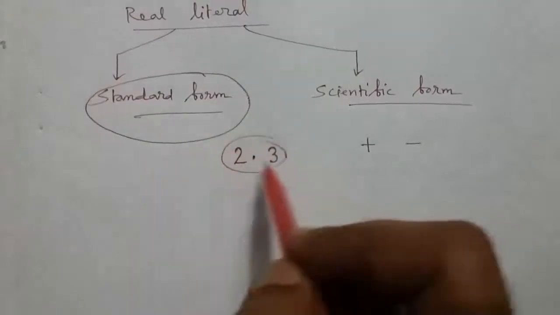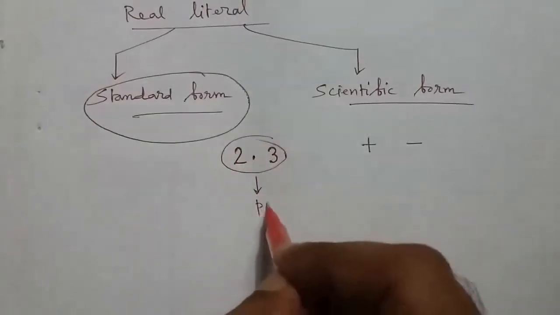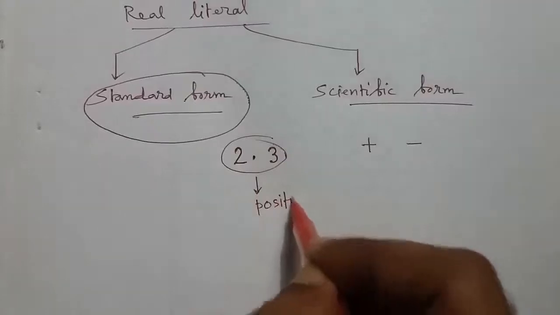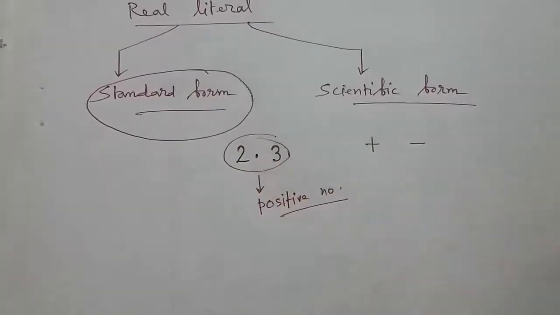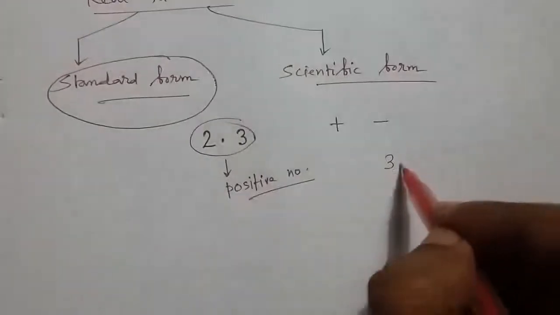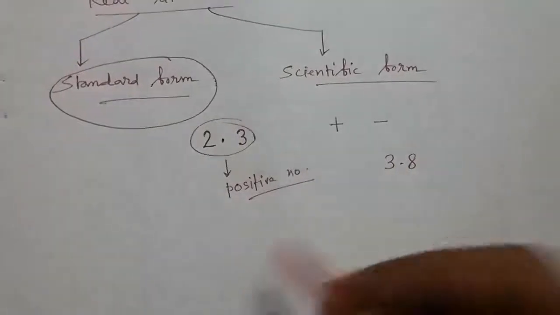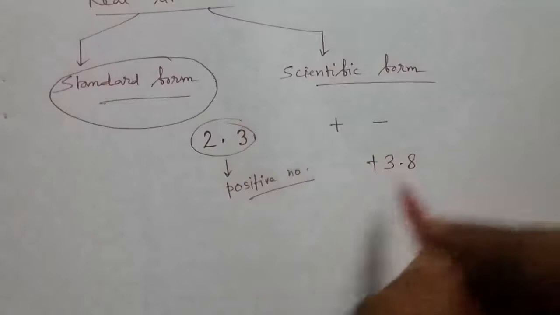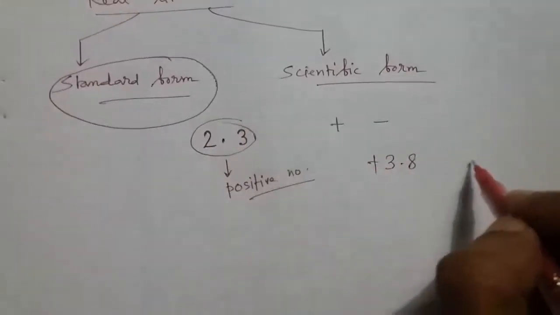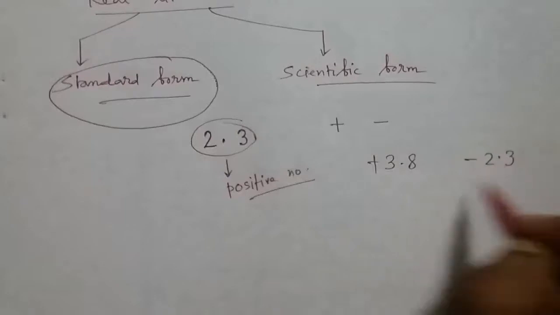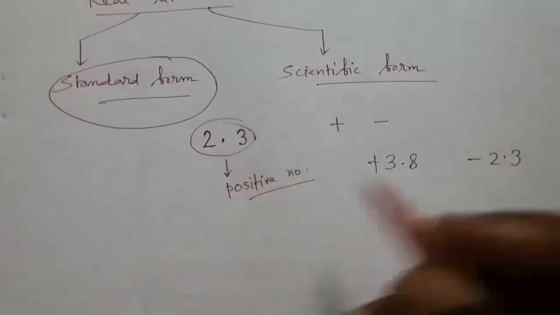A real literal with no sign is assumed to be a positive number. Is that clear? So if I write 3.8, it will be regarded as a positive number. If I write plus 3.8, it will also be positive. But if I write minus 2.3, it will be regarded as a negative number.